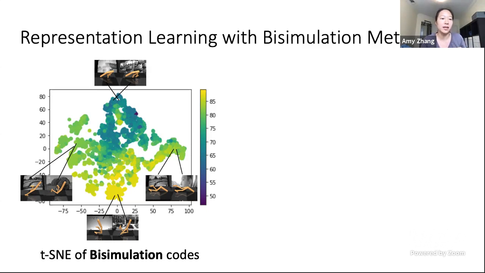And so we can see that states with similar value are getting grouped together. But another more interesting thing is that if you take 2 random data points that are near each other in this latent space representation, we see that the agent position is almost identical, even though the pixel distance between these observations can be very different because the background is completely different.